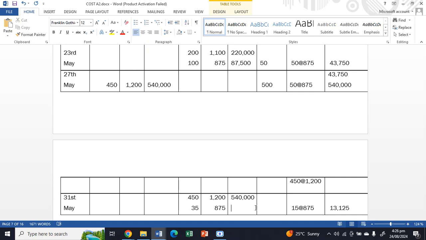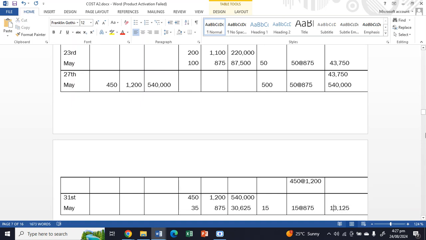So that is 30,625. So we remain with 15 solar panels, each valued at 875. So our closing inventory, 15 times 875, 13,125. This is the value of our closing inventory.